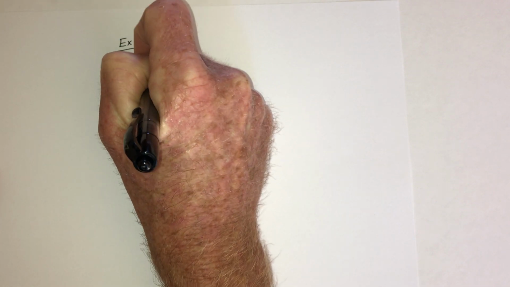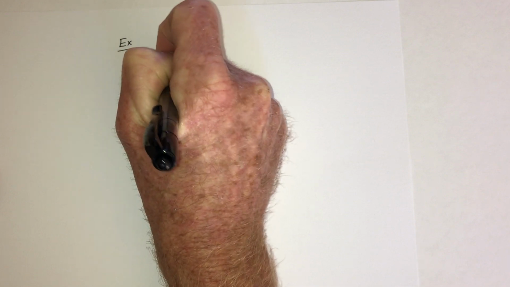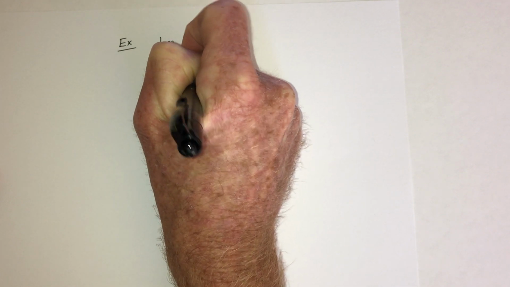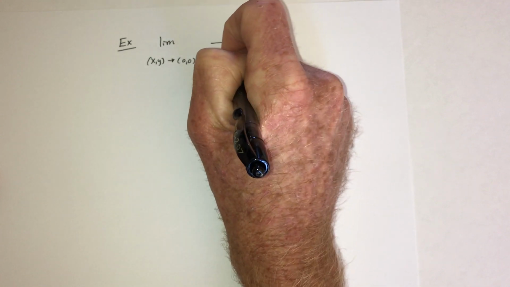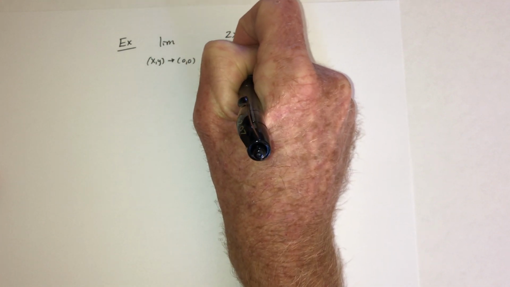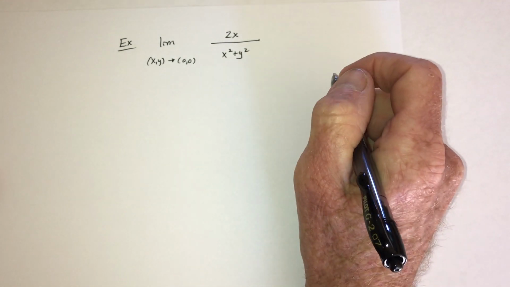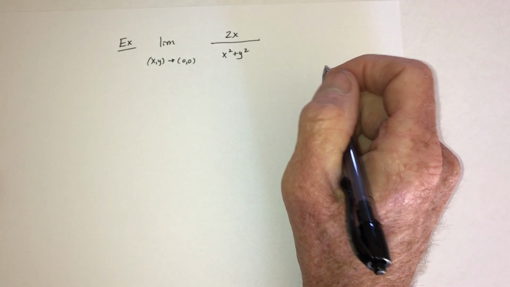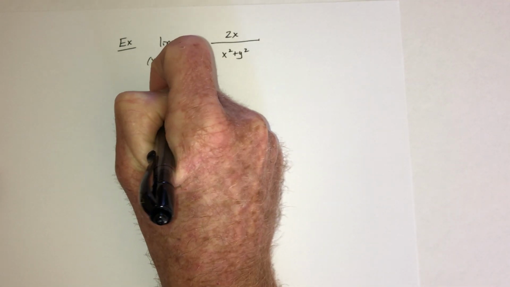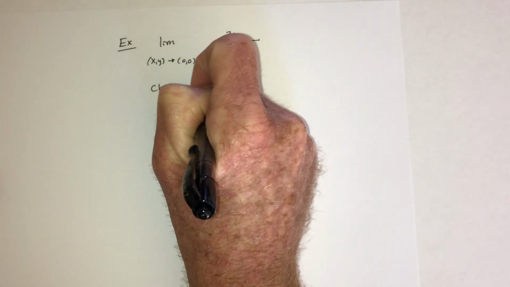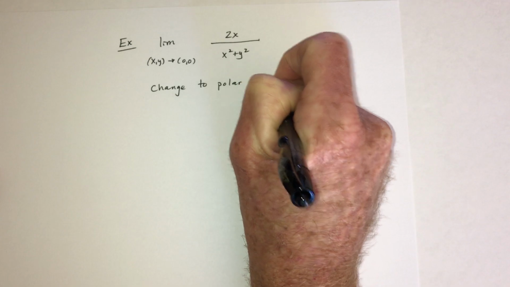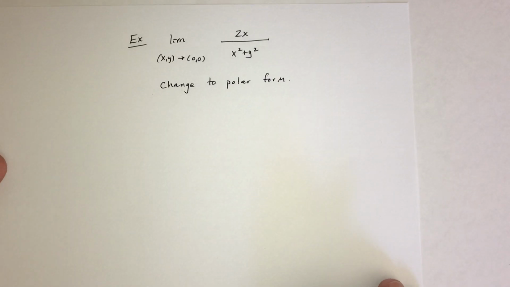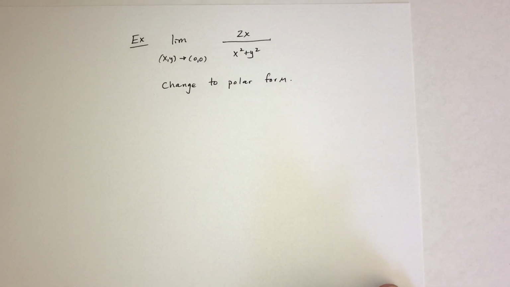Find the limit as x and y go to 0, 0, of 2x over x squared plus y squared. And one more, practicing changing to polar form.